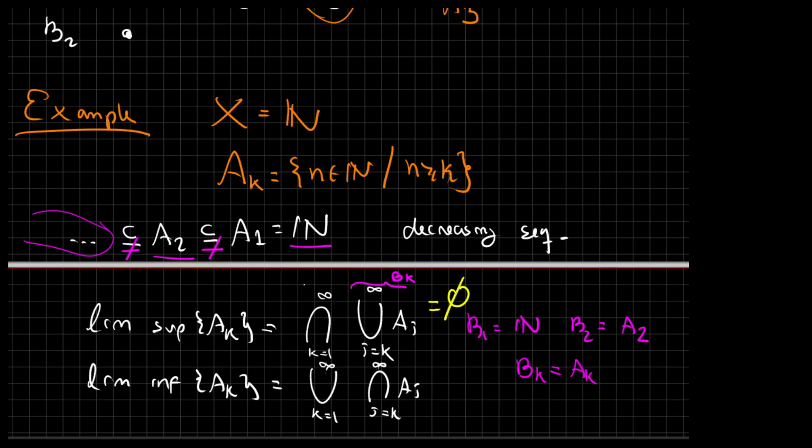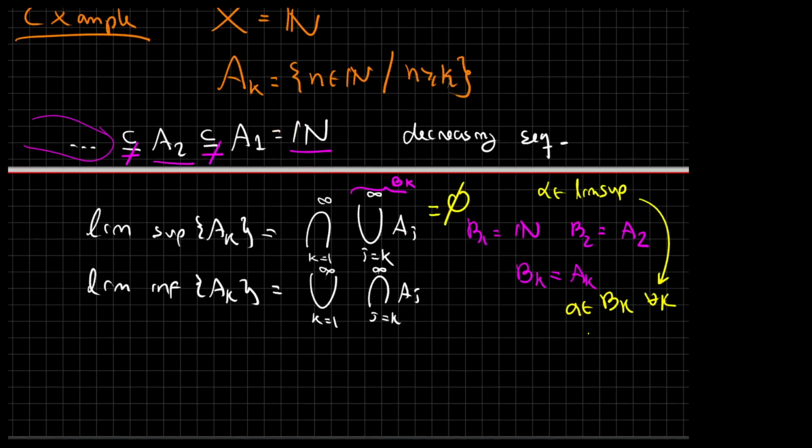Because suppose you have an element in this limit, then it will be in every B_k. But you know that this alpha should be a natural number, so alpha should also be in B_{alpha+1}, and by that I mean that alpha should be greater than or equal to alpha+1, which is a contradiction. So this limit of the supremum is the empty set.